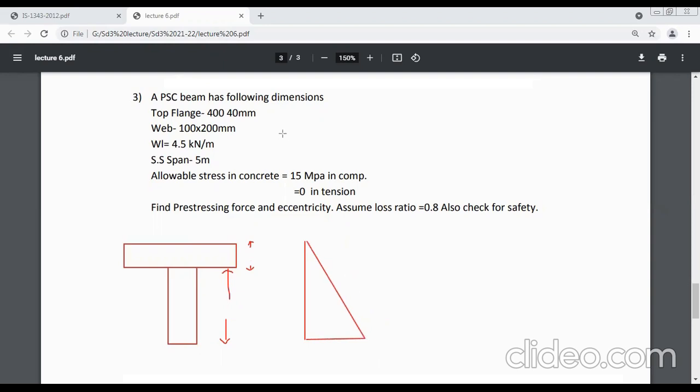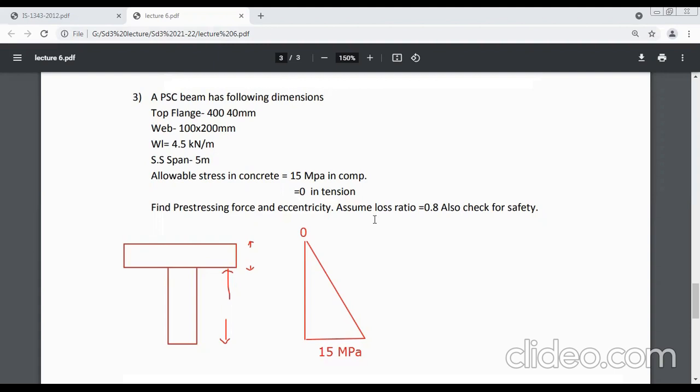So why is it a triangular shape? Because in the compression zone it is given 15 MPa and in the tension zone it is given 0. Due to pre-stressing, the top is in tension and the bottom is in compression, because a hogging type of bending should occur here.